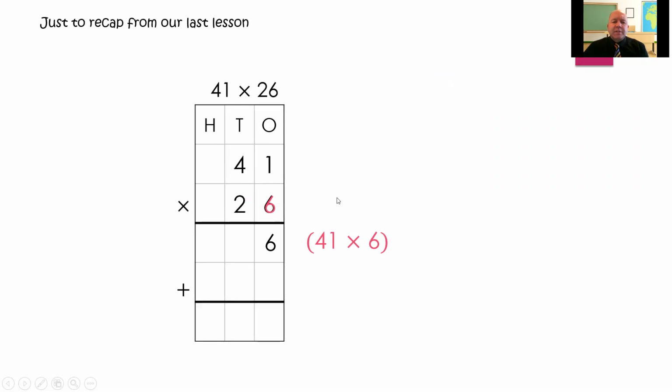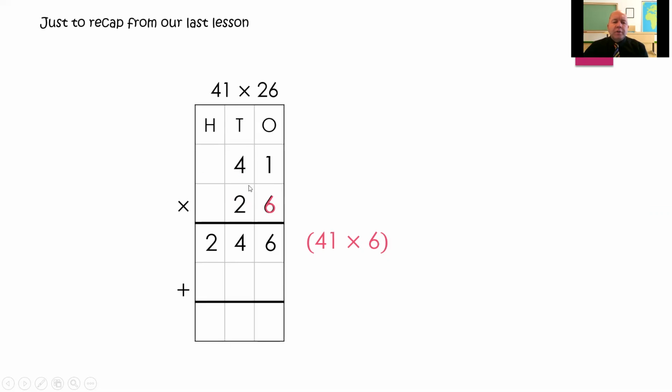So 24 tens gives us, we've got an exchange here, so 20 tens becomes 200s. 4 tens goes in there. 6 lots of nothing is nothing, and then we've got our 2 here. So we've got 200s there. Okay, so 6 lots of 41 is 246.